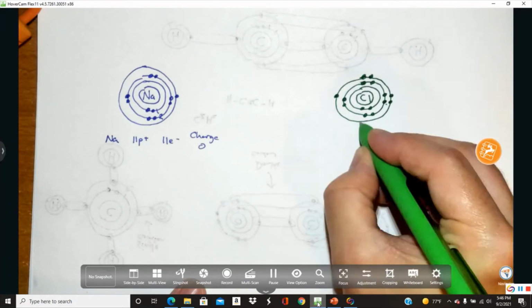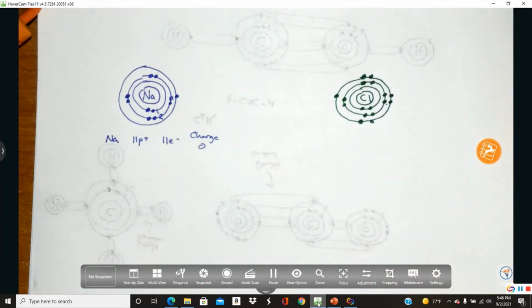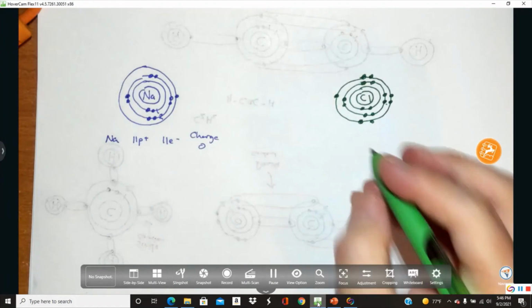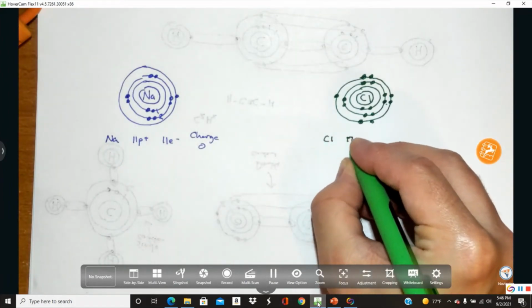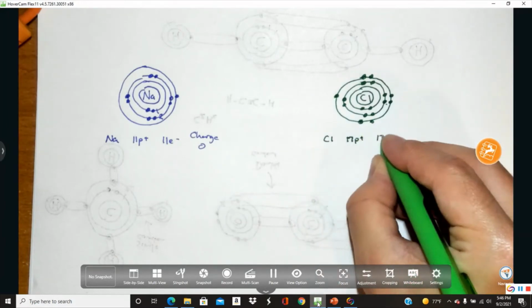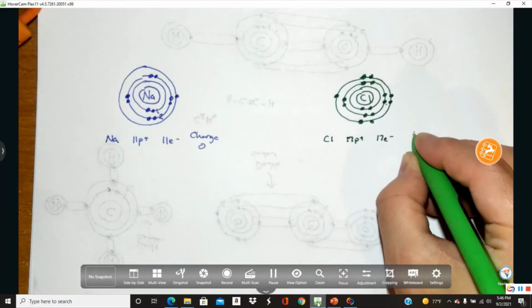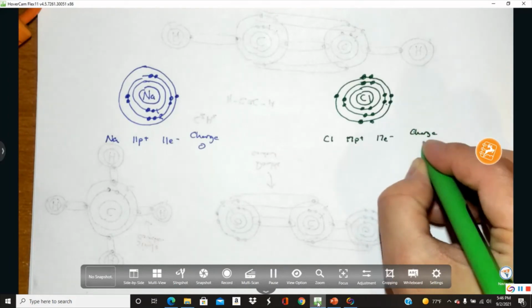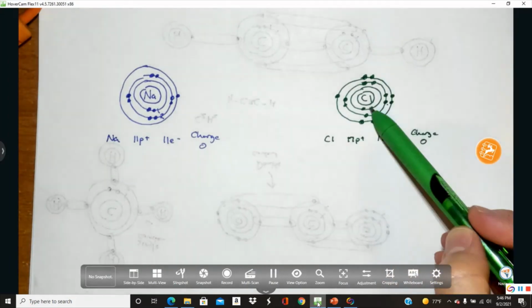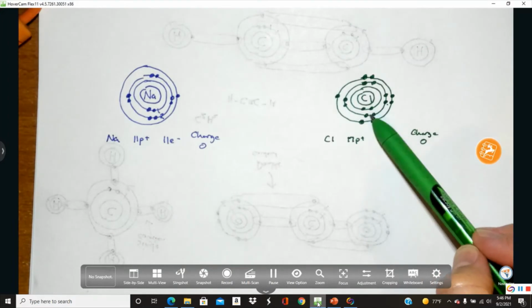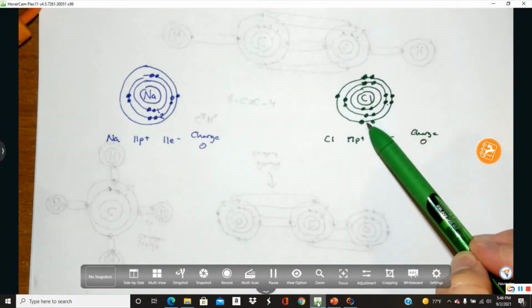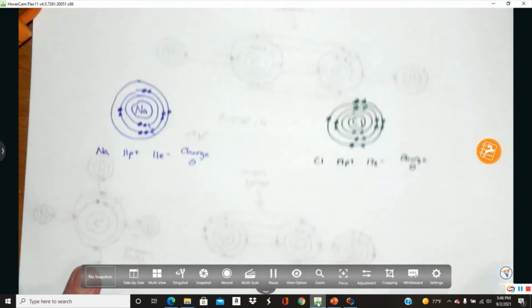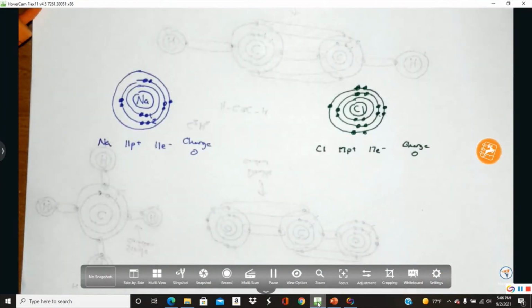Sorry if you can hear my dogs barking. Okay, so we've got this guy. Now, chlorine has 17 protons, 17 electrons, and that also means the charge is zero or neutral. 2, 4, 6, 8, 10, 12, 14, 16, 17. Okay, now if we look at that, they both have the same charge, and that's 0.